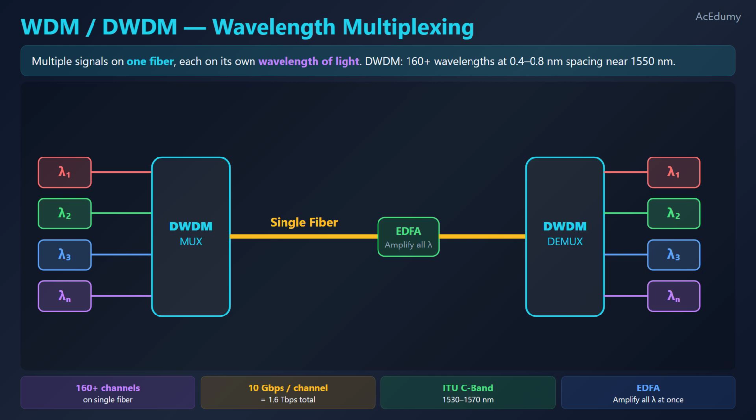A critical component is the EDFA, the erbium-doped fiber amplifier, which amplifies all wavelengths simultaneously without converting to electrical signals. DWDM is the backbone of today's Internet, carrying the vast majority of intercontinental and long-haul data traffic.